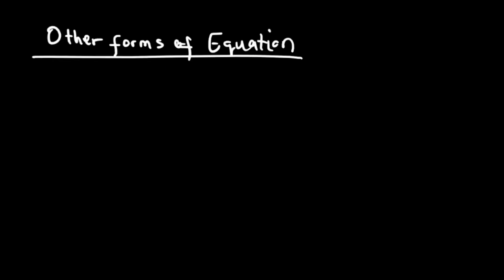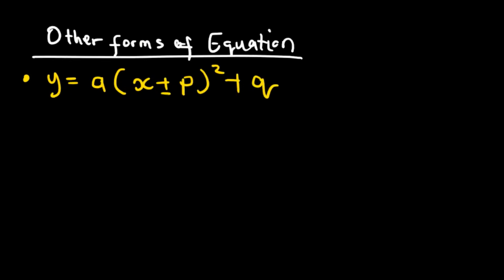A parabola has other forms of equation. The first one we have is y equals a into (x plus p) all squared plus q. So this p can be plus or minus p, right? So this value here is the same as what I mentioned. It is the gradient or slope.